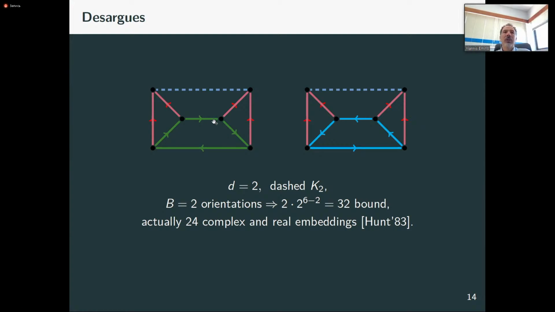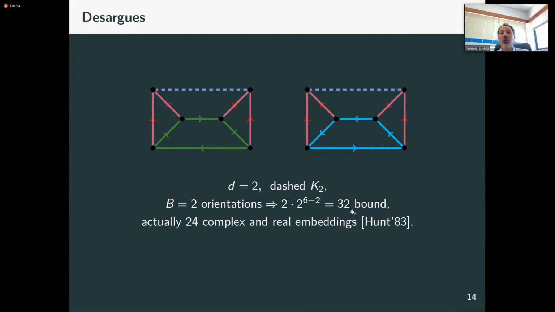Sorry, it's not what I said. It's that the red ones must necessarily be oriented that way because the fixed vertices should have no outgoing edge. And then I have a choice on this cycle to make it green or blue that gives me the 2 orientations. So the 2 orientations lead to an upper bound, which is 32.